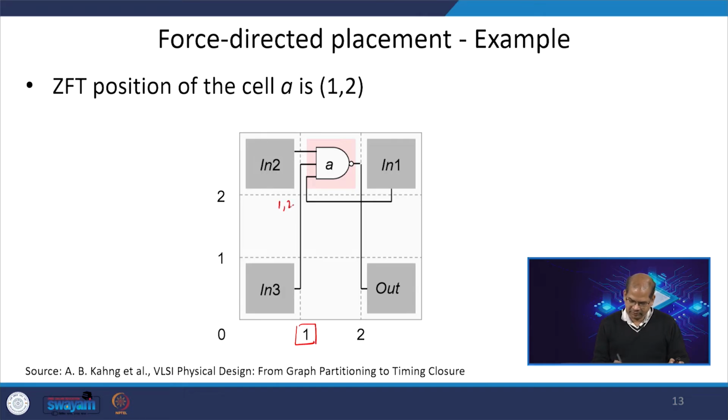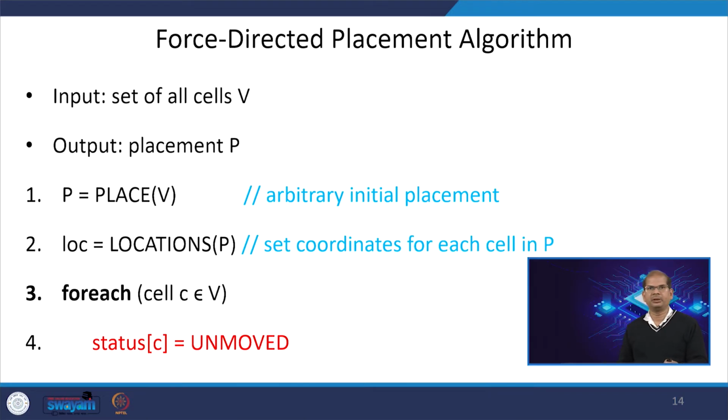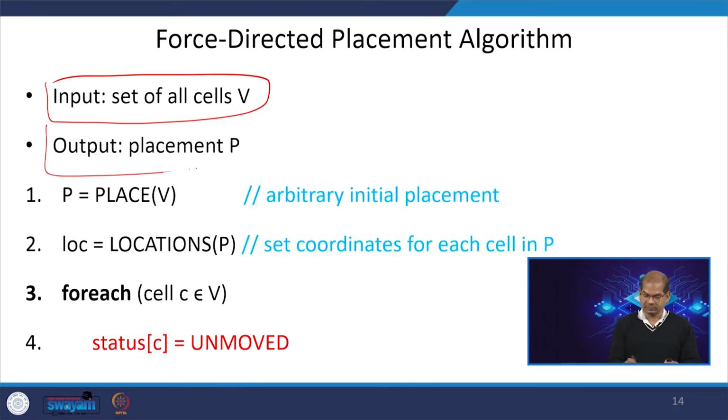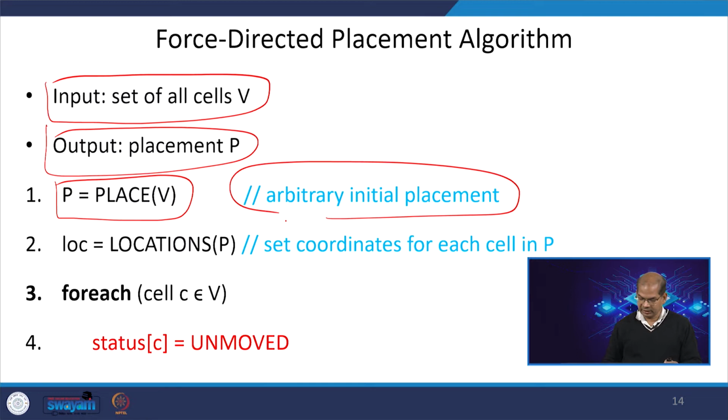So, 1 comma 2. In the force directed placement algorithm, the inputs are the set of cells, denoted by V, and the output is the placement of the cells. P is basically the initial placement, where the coordinates of each cell are given to us.